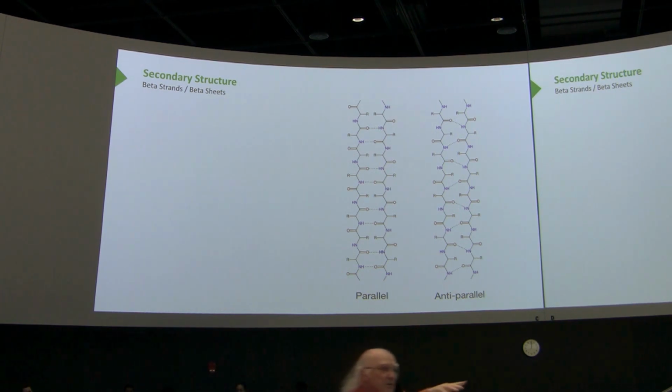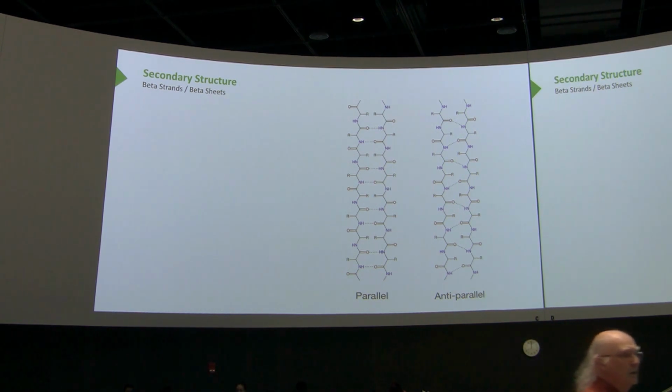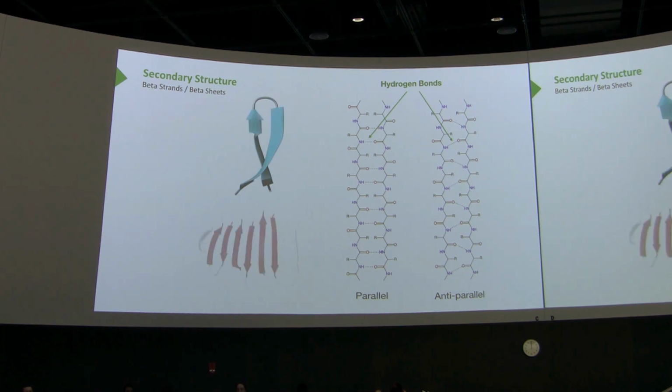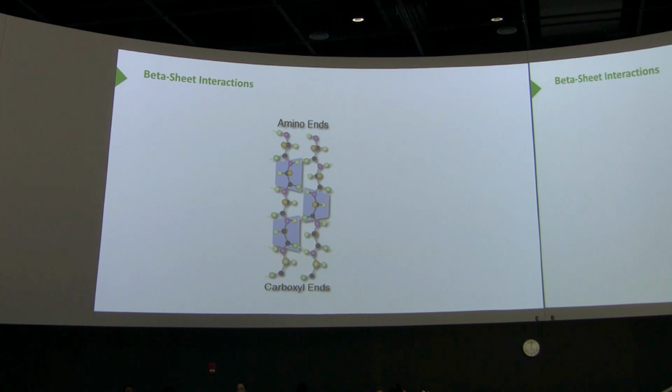And you had a question over here? How I knew it was parallel, anti-parallel? In any of these, you have to look at the relative orientation of the atoms.